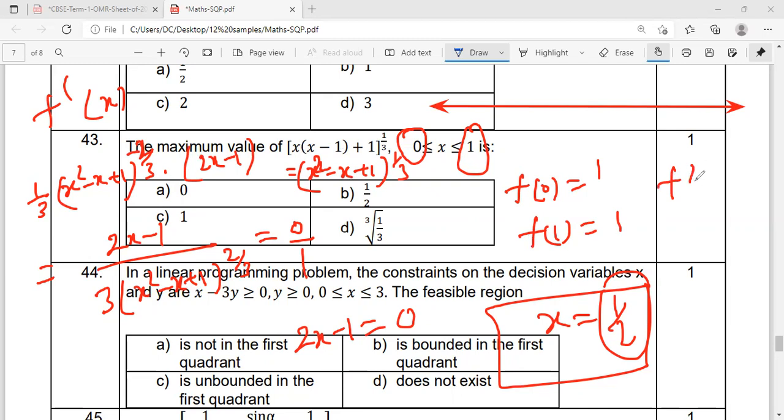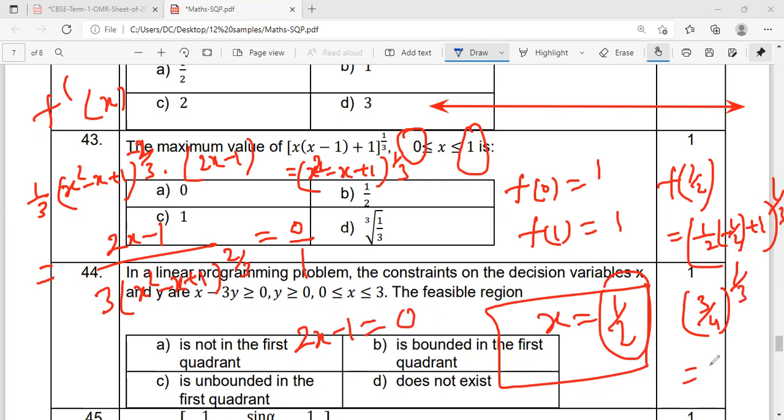Now, if x is equal to half, then what value do I get? f(half) should be half into minus half, which is minus 1 by 4, plus 1, so 1 minus 1 by 4 is 3 by 4, to power 1 by 3, which is of course a number less than 1, right?